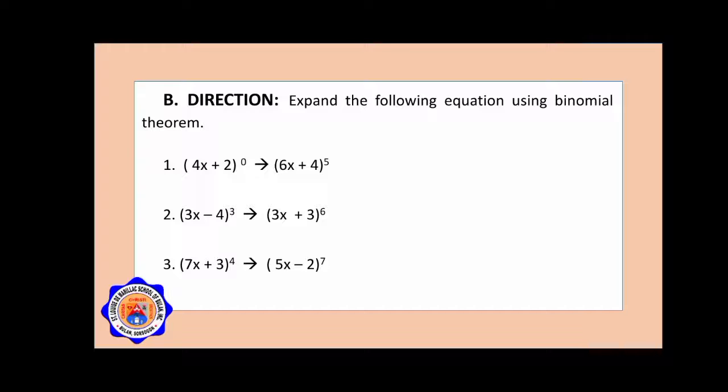So, ang gagamitin na exponent dito is from 0 to 5. So, ang isosolve using the FOIL method is from the exponent 0, 1, 2, 3, 4, hanggang 5. Then, ganun din dito sa number 2, from 3 to 6. Then, for number 3, from 4 to 7: 4, 5, 6, and 7.